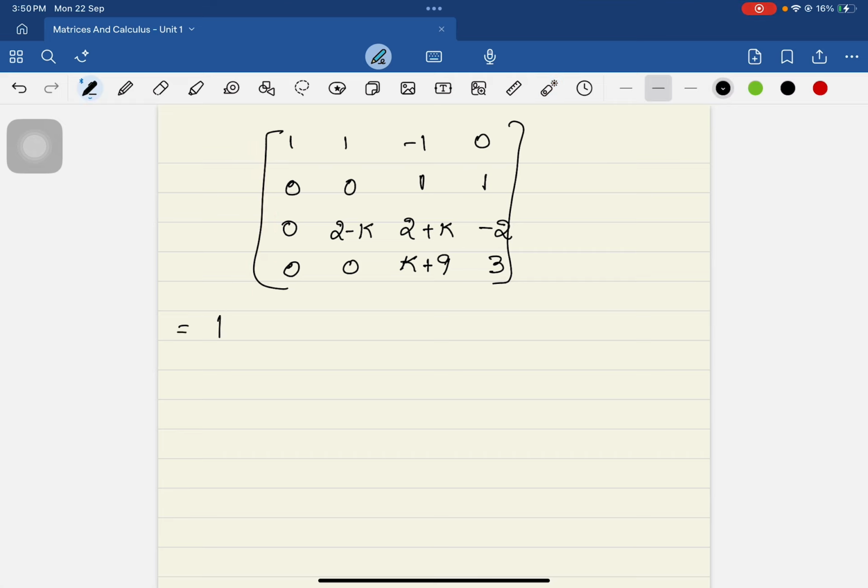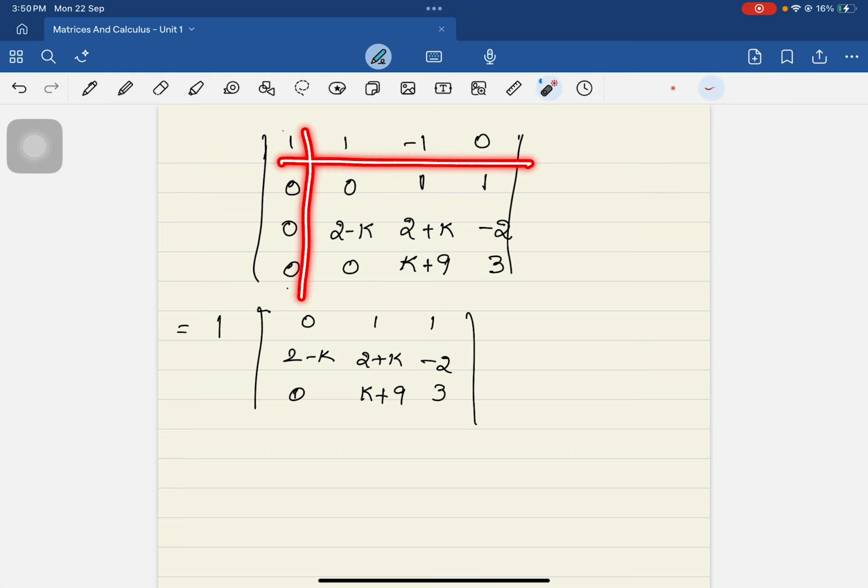So the determinant of this matrix is given by 1 times the determinant of 0 1 1, 2 minus k, 2 plus k, minus 2, 0, k plus 9 and 3. So this is what we did.